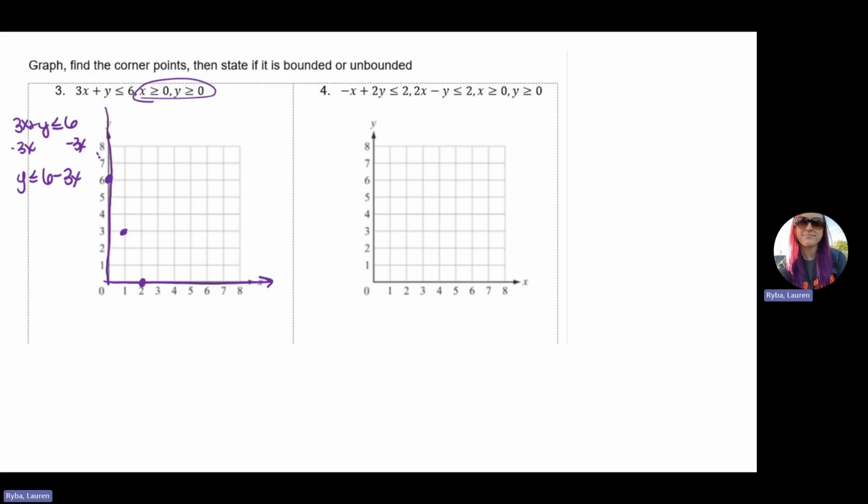Less than or equal to means this is going to be a solid line. And then I'm going to shade below the line. So I need to go below the line such that it's still in the first quadrant. So that shading is just going to be this triangle here. Because it is enclosed in a triangle, it is bounded.